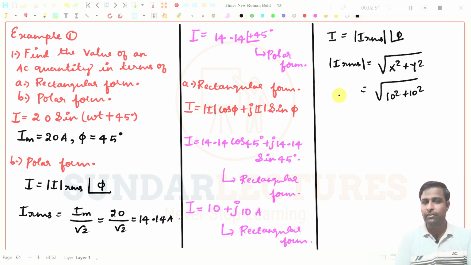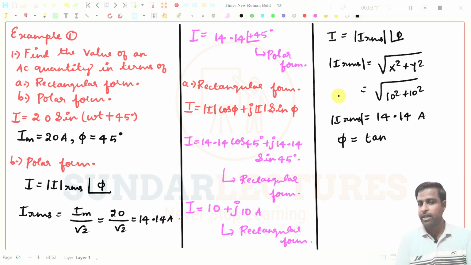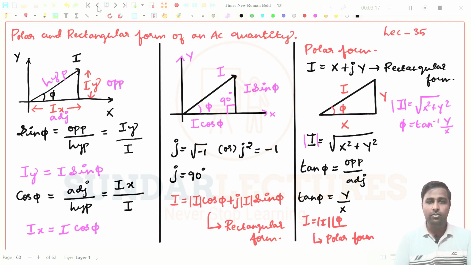So what will you get? This will be 100 plus 100, 200. The square root of 200 will be 14.14 amperes. And what is the phi value? This is nothing but I RMS, that means the modulus of I. The phi value can be found by tan inverse of y by x. That is also what we have seen already.